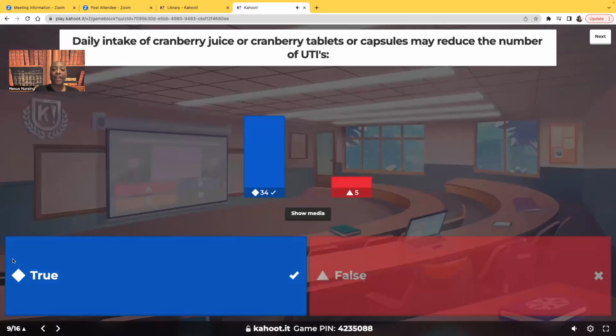Very good. Who is the 5 people that chose false? After I just told you about cranberry juice, how most likely it keeps the pathogens from sticking against the inner lining of the bladder, so you can just flush it out when you urinate. I just gave you guys an answer. It is true. True, true, true.